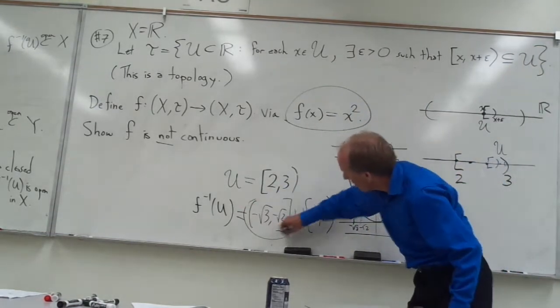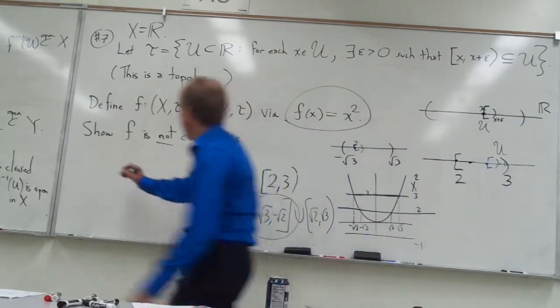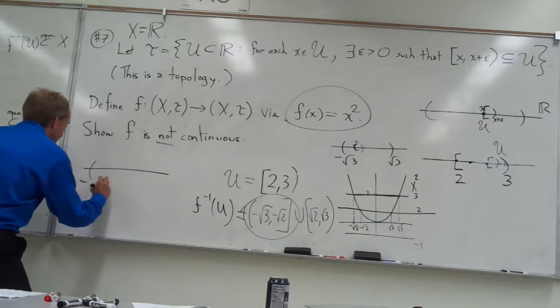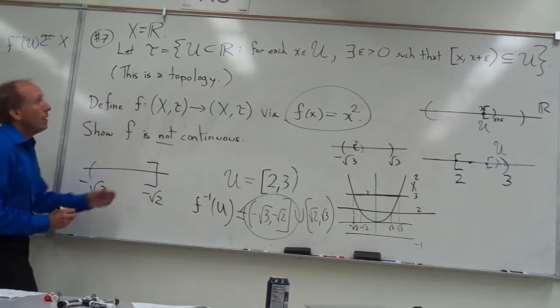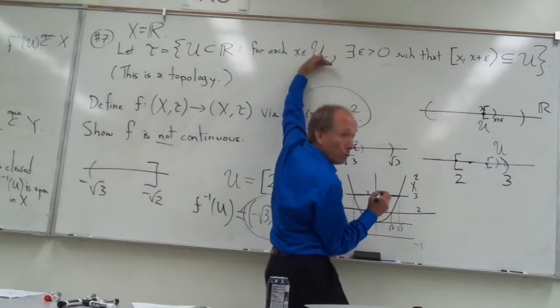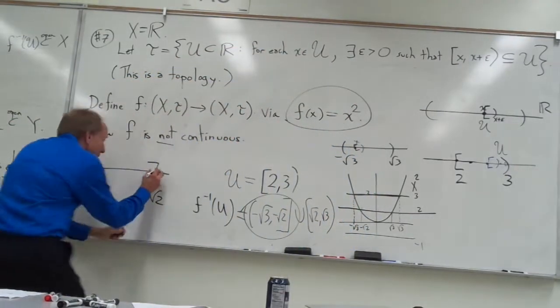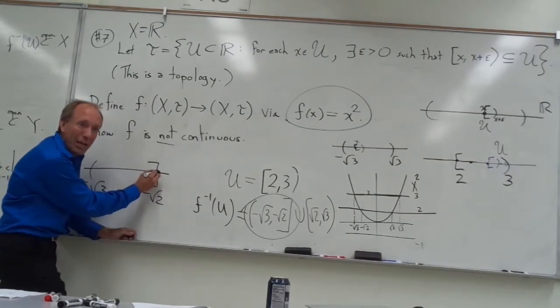This right here, my friends, is not open. Why not? It's not of that form. So here you go. It must include the, what's it say? For this to be open, for each x in U, here's an x that's in this set, right? Because I'm including that point.